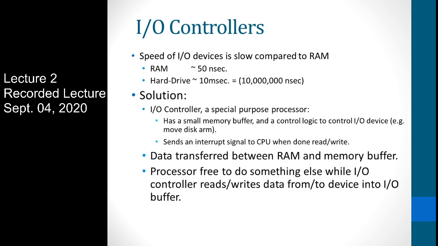Lahat ng ginagawa natin, lahat ng nakikita natin sa screen, lahat ng pinipindot natin, dadaan yan lahat kay RAM, papunta sa processor, and ibabalik niya yan, papunta kay RAM, pabalik sa kung saan bang niya dapat ibalik yon. Okay? So yan, data transfer between RAM and memory buffer. Processor free to do something else while I/O controller reads writes data from or to device into I/O buffer.